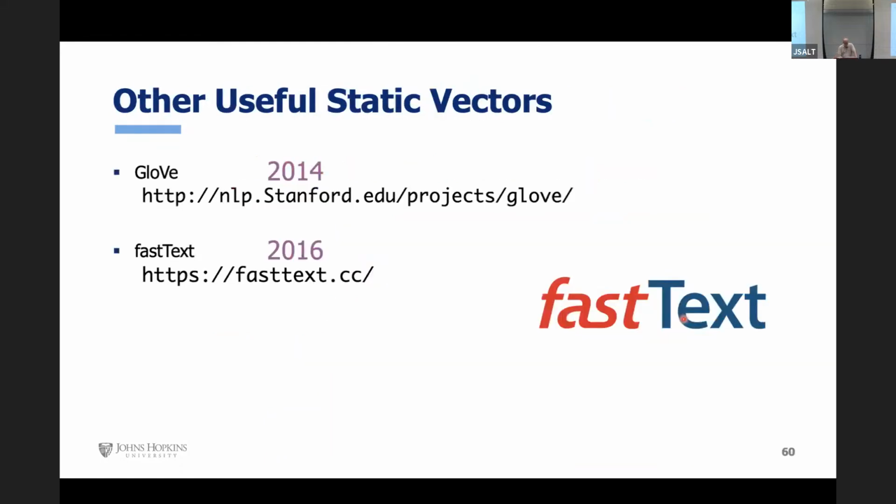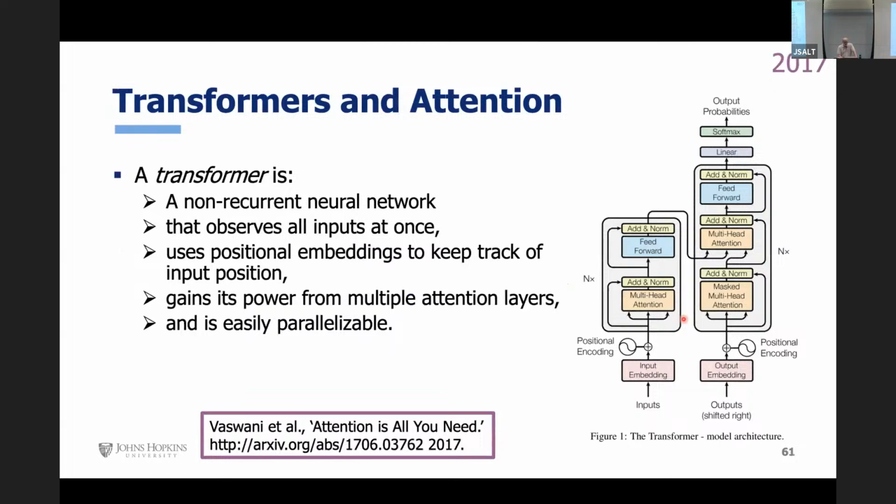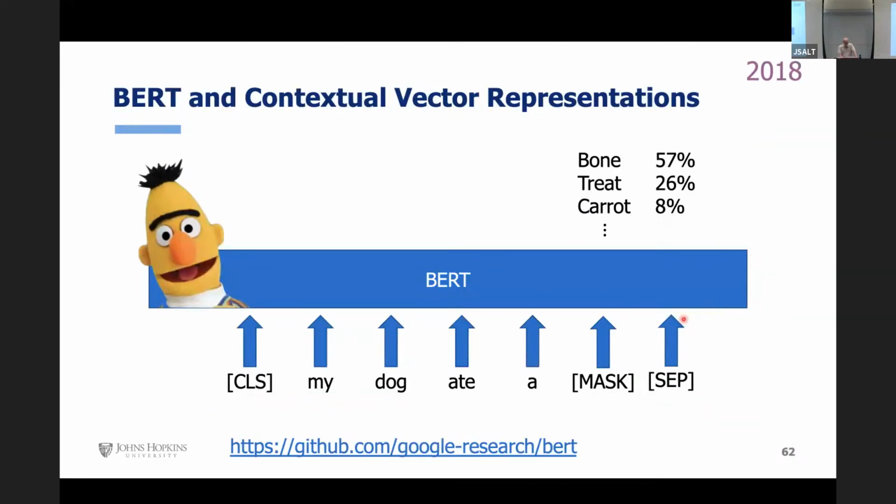Okay. There are other useful static vectors. If you're going to end up using static vectors, you probably want to use one of those. I'm going to rush through a bunch of stuff here because we're low on time. Transformers, I'm sure you heard about those in machine translation. Transformers changed everything, including information retrieval. For example, BERT used transformers, and it had a masked language model.